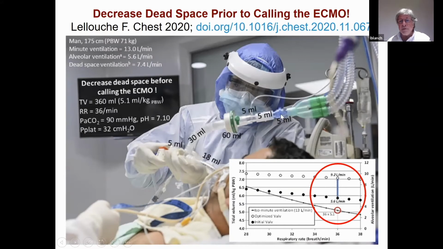It means that, not half, but 40% of the tidal volume is just for moving air in this instrumental dead space, causing a dramatic increase in PaCO2 and a decrease in alveolar ventilation. Removing all this will increase alveolar ventilation to 9.2, and probably this PaCO2 of 90 will go down, improving to a certain amount, improving PaCO2, but also improving the hemodynamic and other conditions of the patient. So always look at this instrumental dead space.